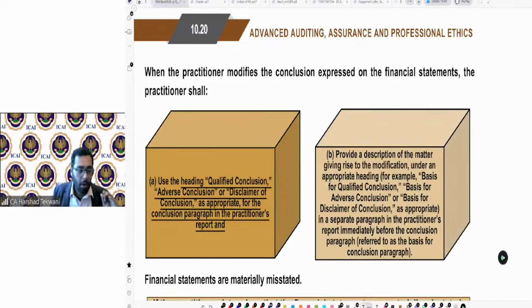Not a specific disclaimer, but you can say a similar example near to a modified conclusion.